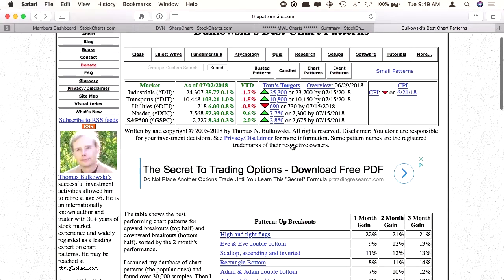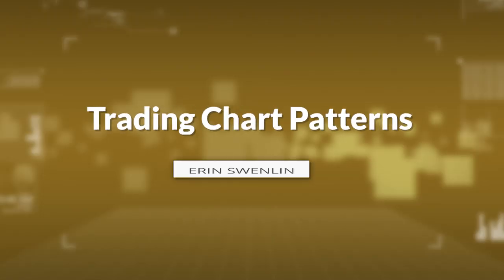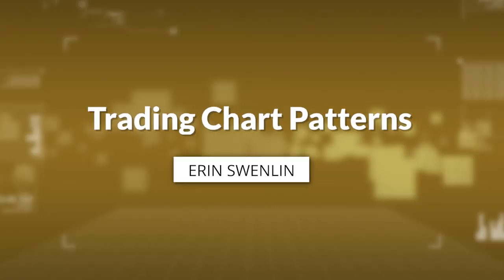But this was the interesting thing: which patterns have the best likelihood? High and tight flags. So the flags we were looking at, where you have a very clear one, you don't have this dragging out of a flagpole and a dragging out of a flag. No, it's the high and tights. Those are the most successful patterns.